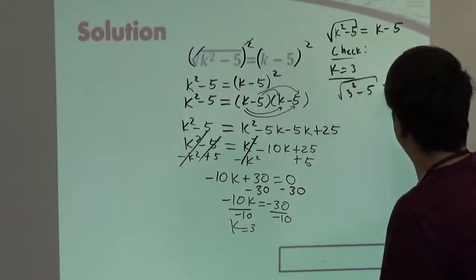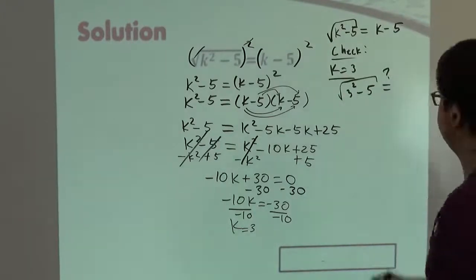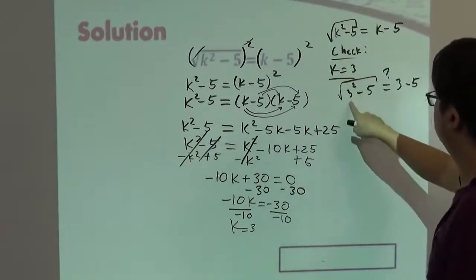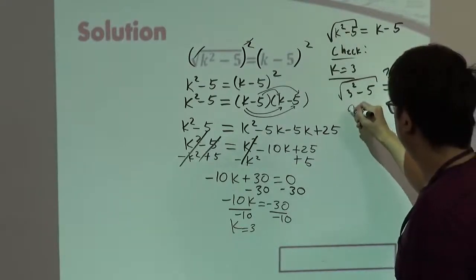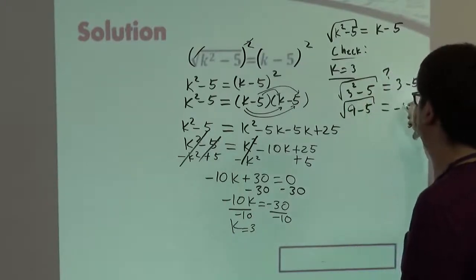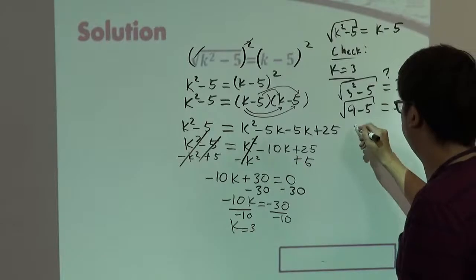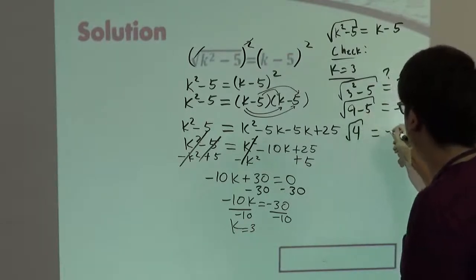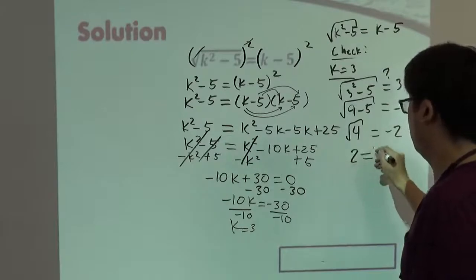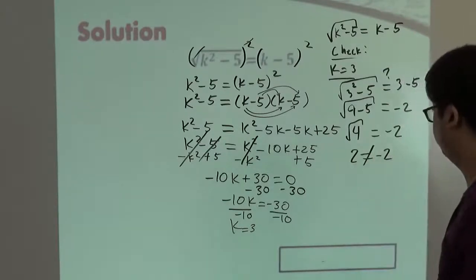And we're checking that's equal to 3 minus 5. So 3 squared is 9 minus 5, equals 3 minus 5, which is negative 2. 9 minus 5 is 4, square root. But then the square root of 4 is a positive 2, which does not equal negative 2, does it?